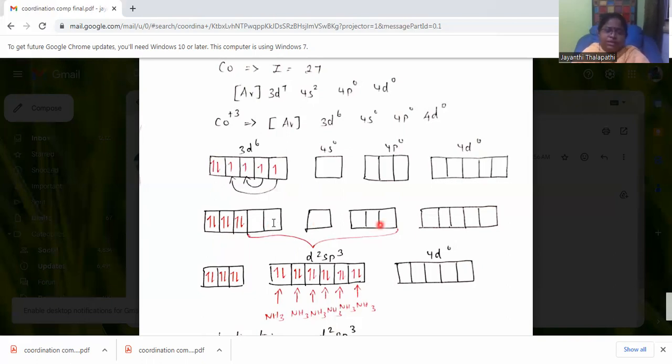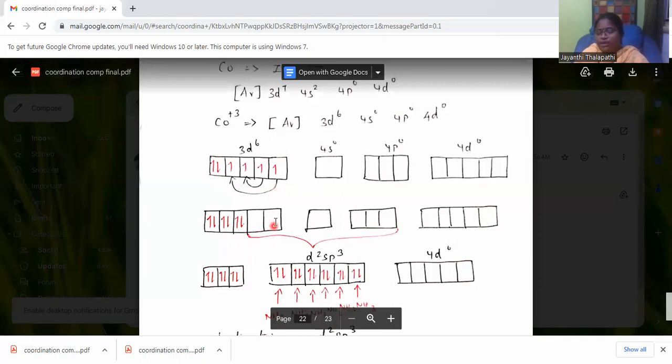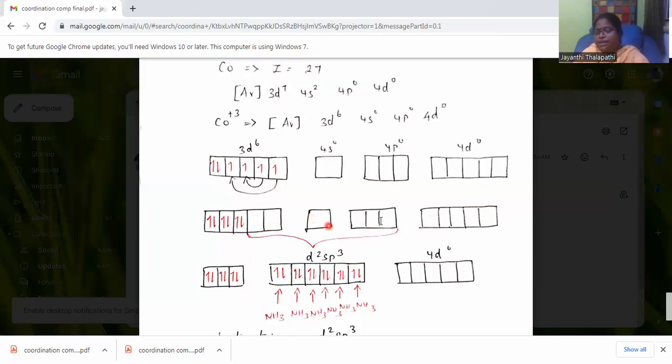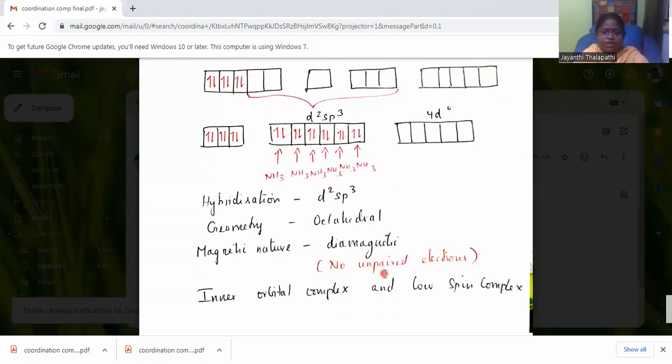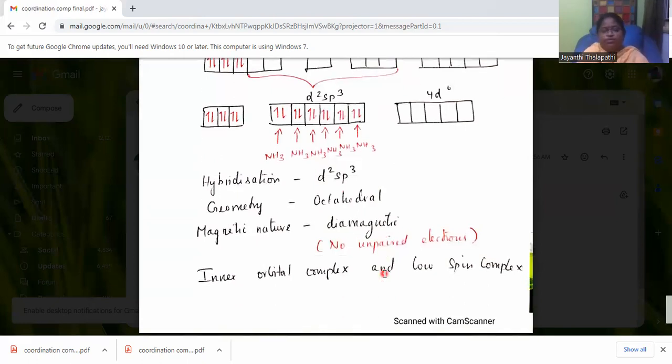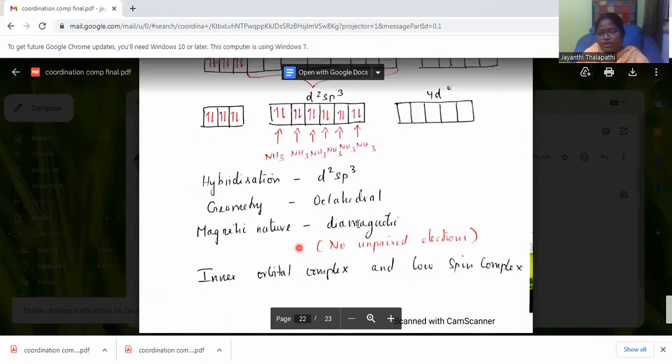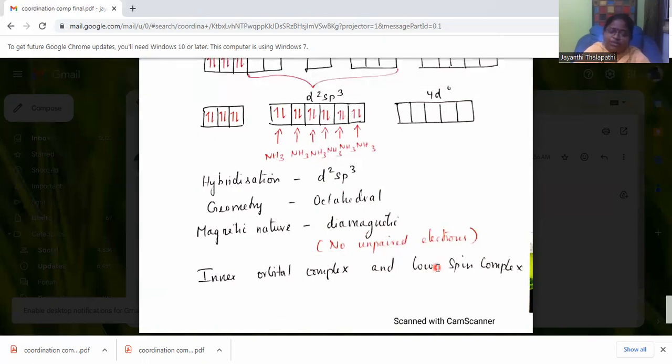So that is d2, two in d, one in s, and three in p. So d2sp3 hybridization, and the geometry is octahedral, similar to the previous one. The magnetic nature is diamagnetic since there is no unpaired electron in it, and it is an inner orbital complex since it entered into the d orbital itself, so it is inner orbital, low spin.